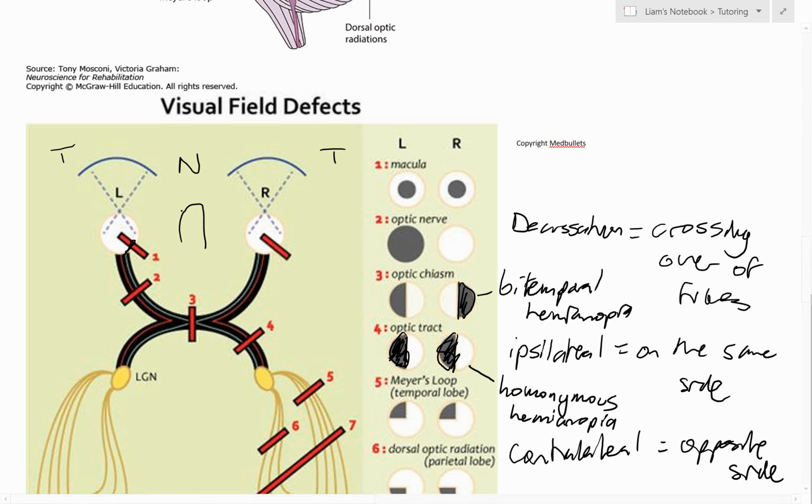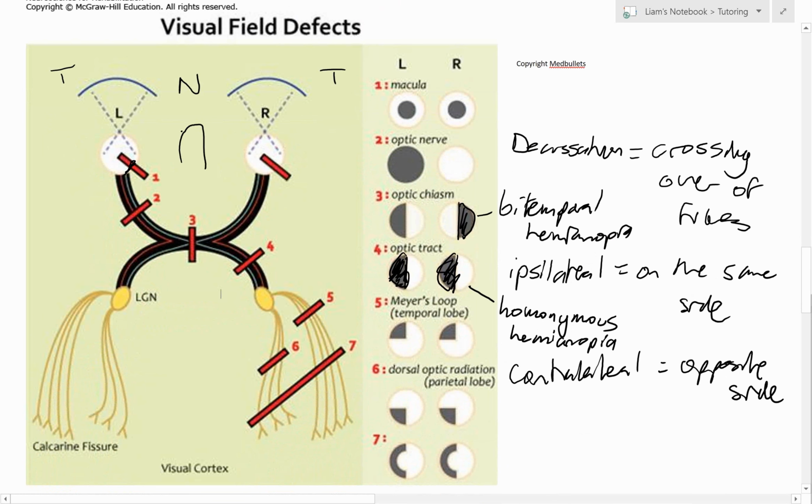Really, any kind of visual change like this, which points to a neurological cause, is going to get some brain imaging done, probably both a CT and an MRI. And if you're presenting with a bitemporal hemianopia, you're going to be really focusing in on the pituitary gland and having a good look to make sure there's not a cancer there.